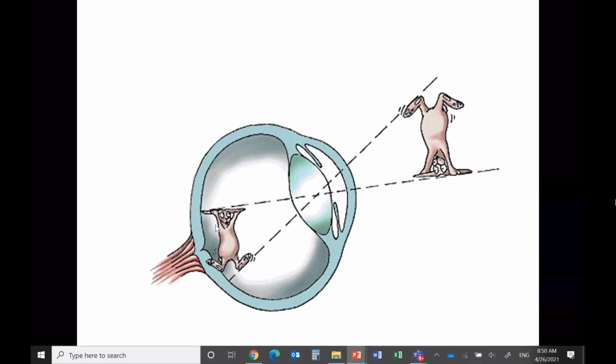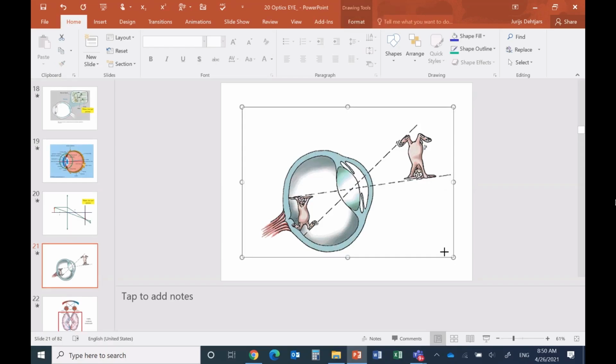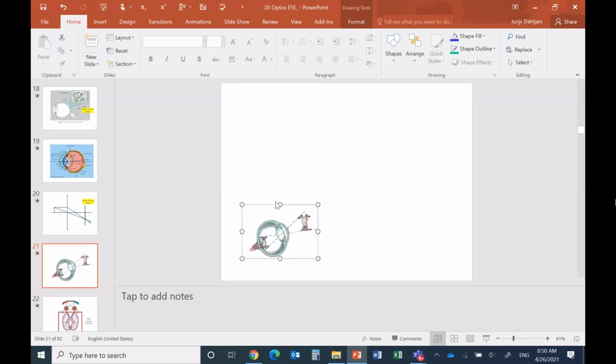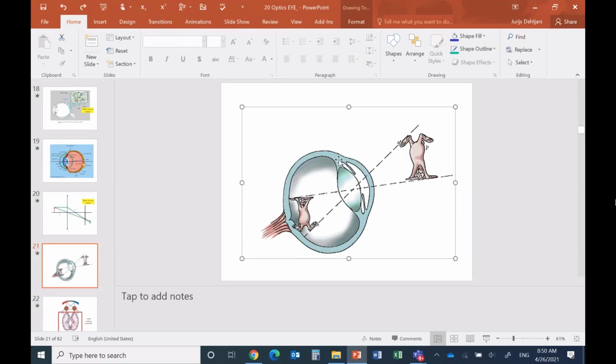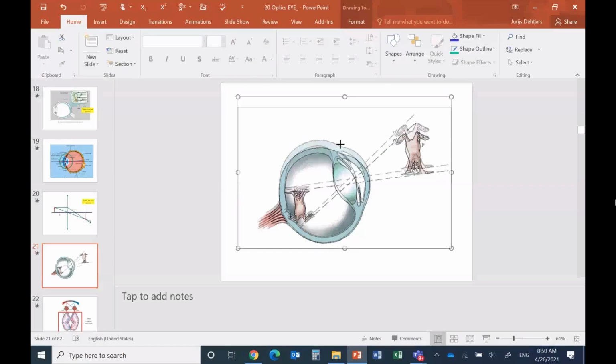Actually, we can say that we see, I'll change this picture a little bit, I'll try, no, doesn't work. Maybe the other side. No. Oh, this is good.